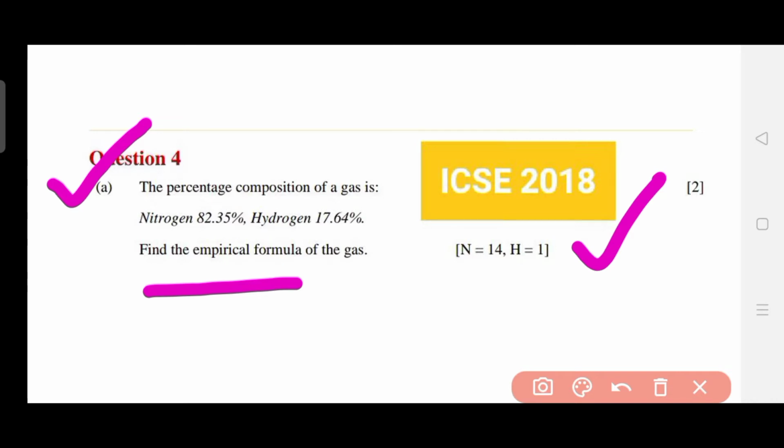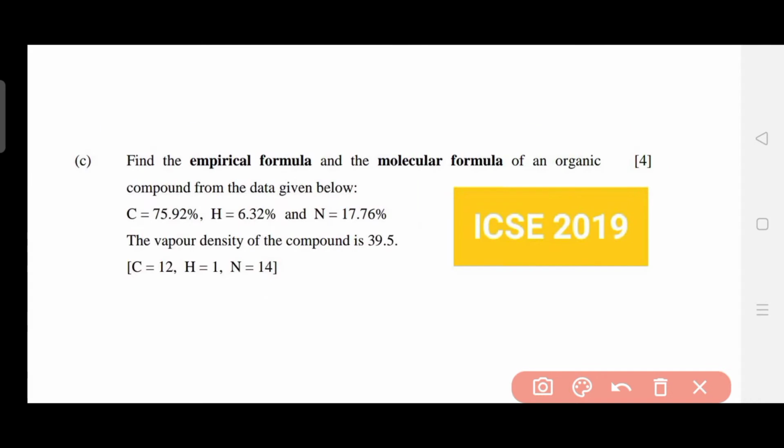If you have good practice with this question, then many students already know that you first make a table, and then you can easily find the empirical formula of the gas.